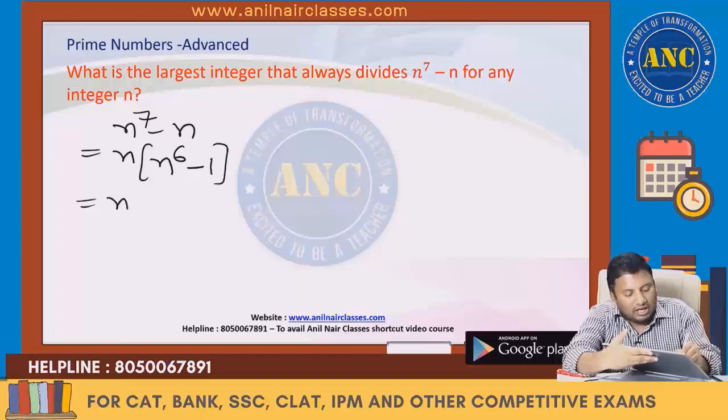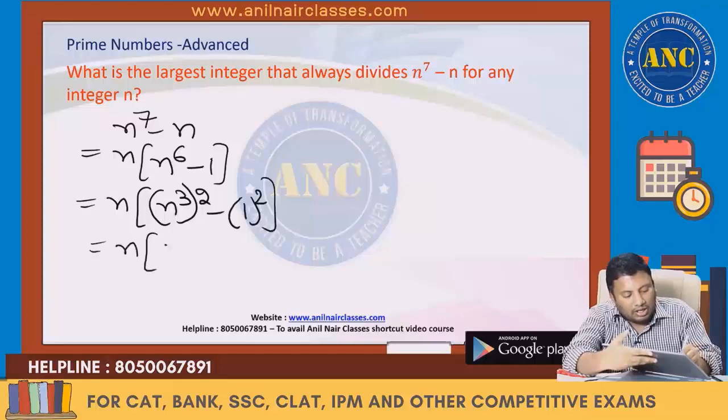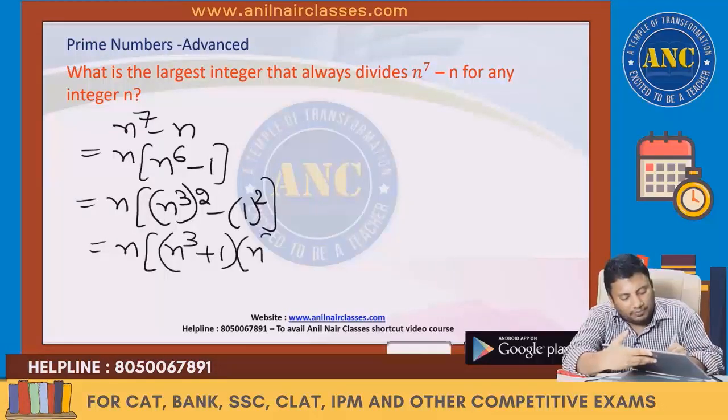This is n into n cube whole square minus 1 whole square. This is n into n cube minus 1 into n cube plus 1.